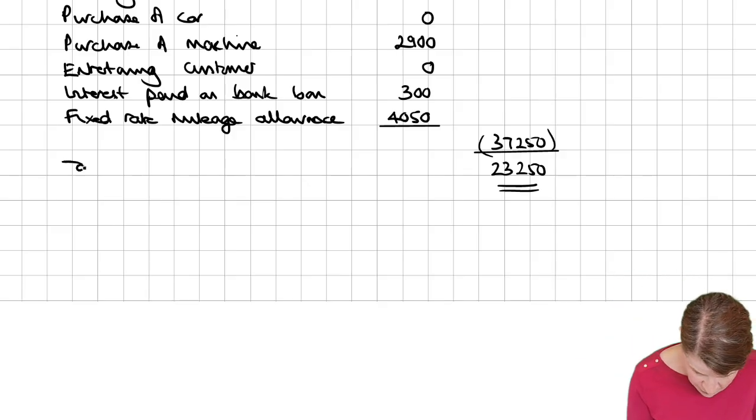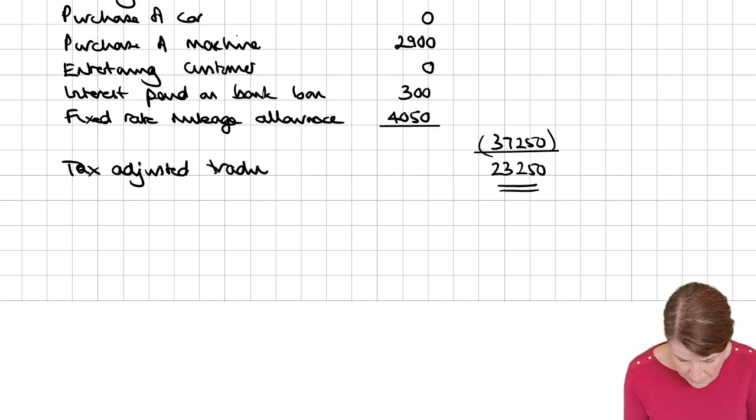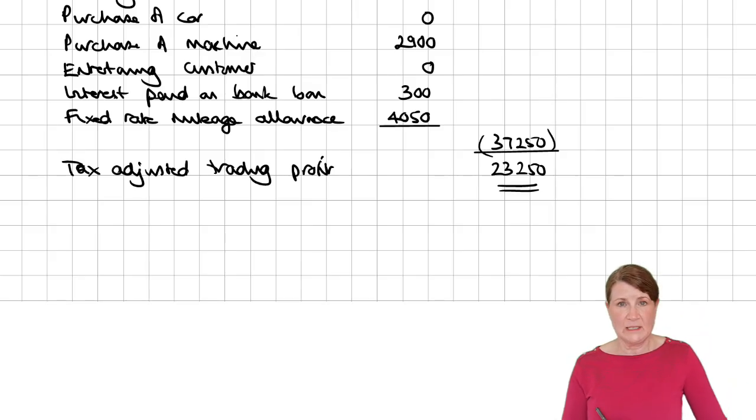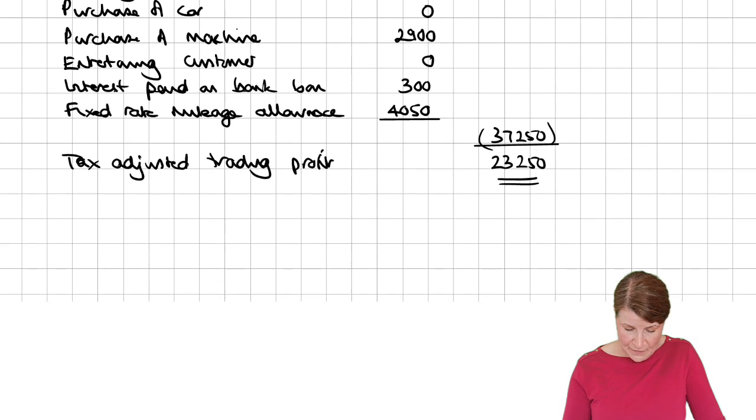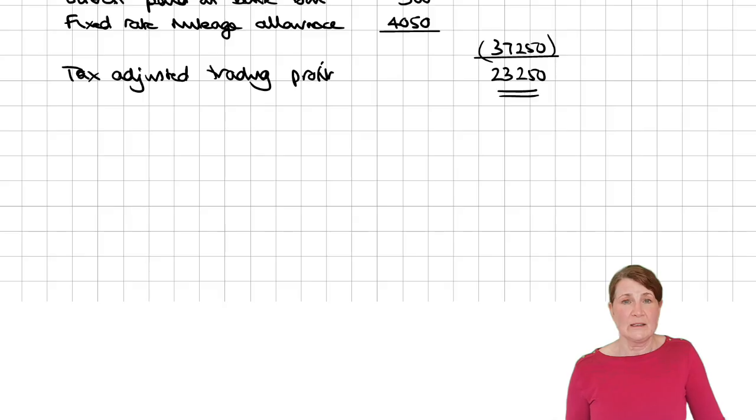So that's our tax adjusted trading profit. And once again, no capital allowances, because under the cash basis, we can only have capital allowances on cars. And in this case, we're actually claiming the fixed rate mileage allowance instead. So 23,250 is our tax adjusted trading profit, and we get the same figure even with two different approaches.